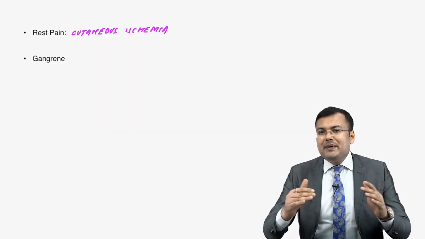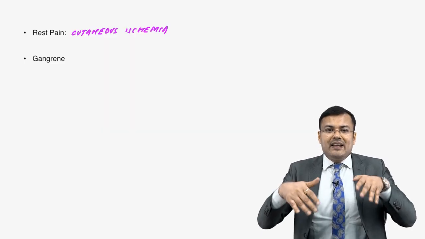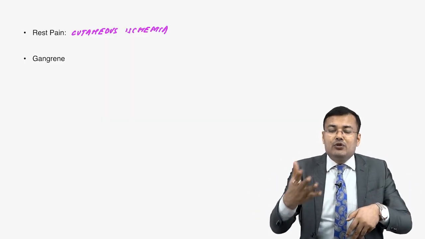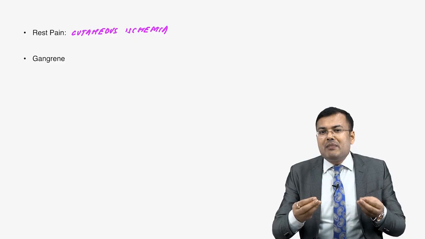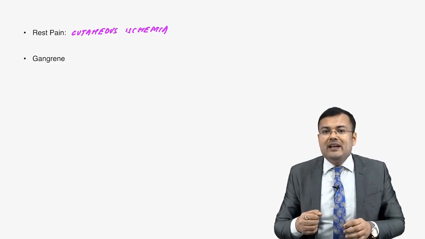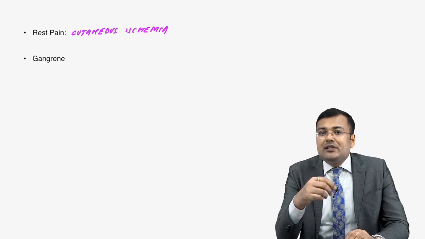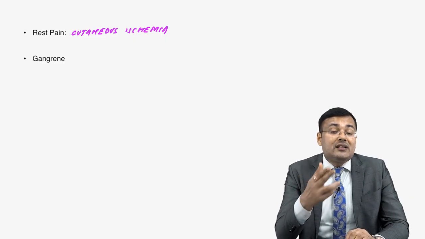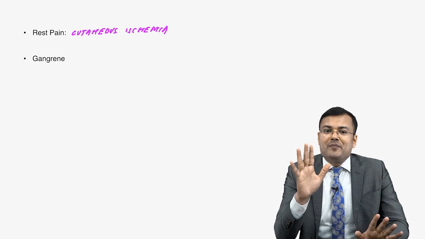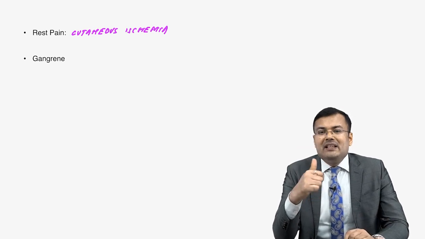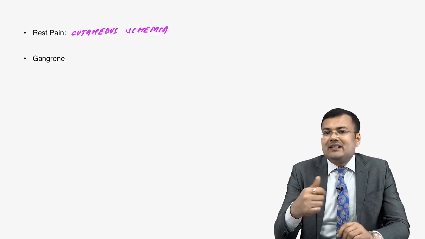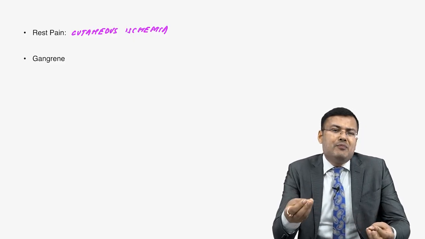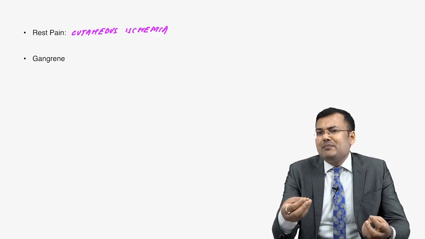So the patient sits in the bed, hanging the legs by the side of the bed, so that by gravity some amount of blood reaches the ischemic areas. And we have seen these patients addicted to smoking, they smoke bidi throughout the night. So what happens? Rest pain. At night, the patient hangs the legs by the side of the bed because there is some improvement in the symptoms.